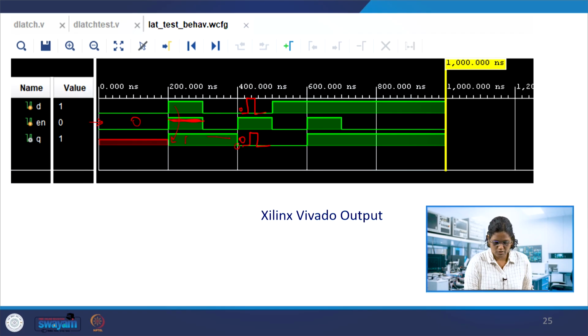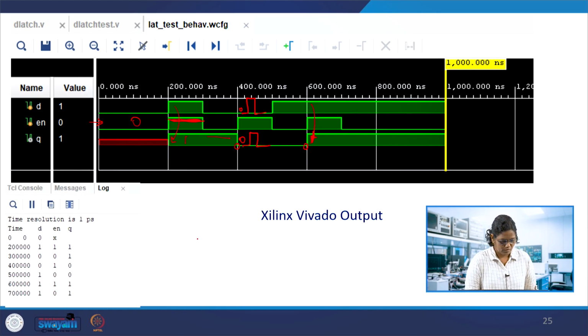So the last state is maintained till this point. When the enable becomes 1, the 1 is passed over here. So this change is avoided, and this change is also avoided in the latch output. So the latch is maintaining the previous output when enable is 0. Enable is 0, it just maintains that, because you are latching the previous last Q value.